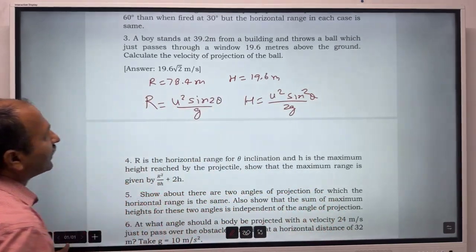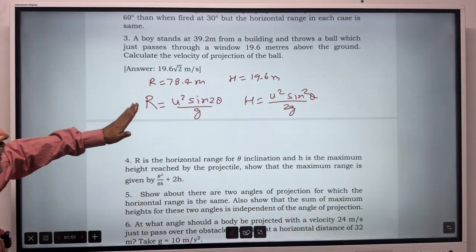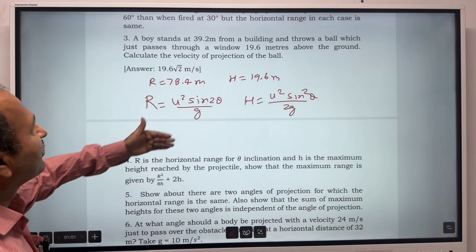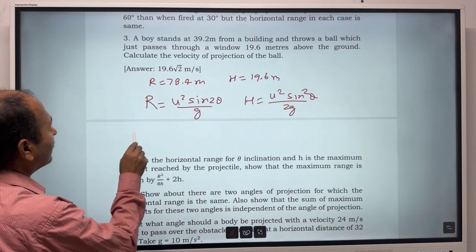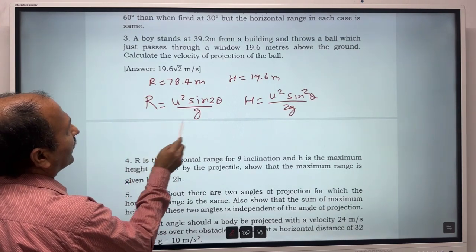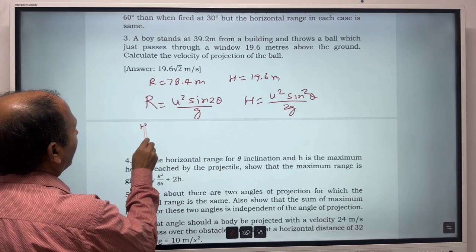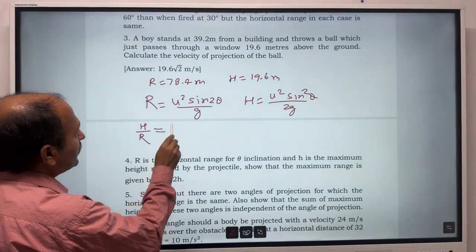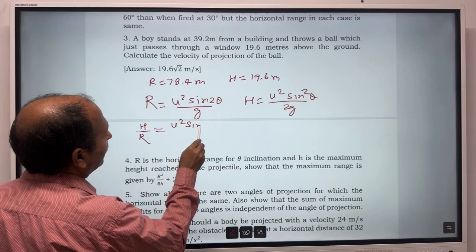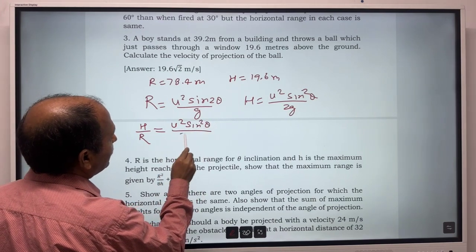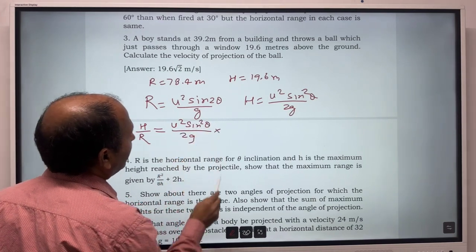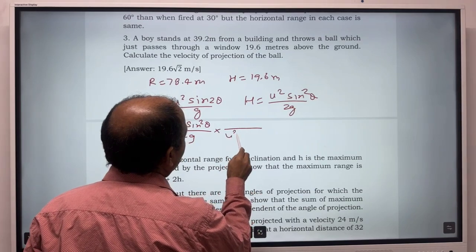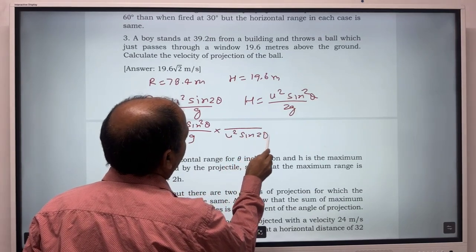Now, if we write R upon h or h upon R, anyone can be written. So suppose we write h upon R. So that is u square sine square theta divided by 2g multiplied by g divided by u square sine 2 theta.